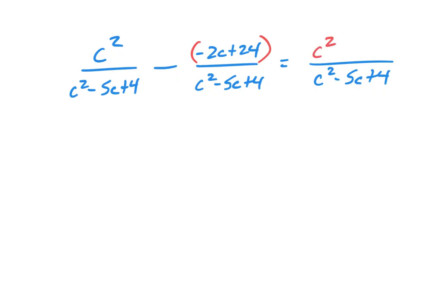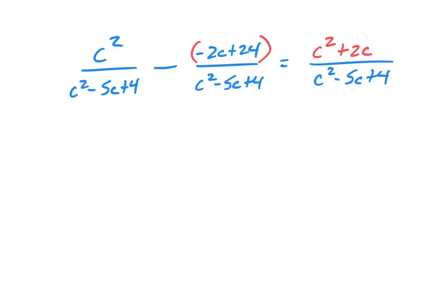So when I rewrite this, when I take minus a negative 2, what's that really going to become? What happens if I subtract a negative? Two negatives make a positive. So it's really plus 2c.